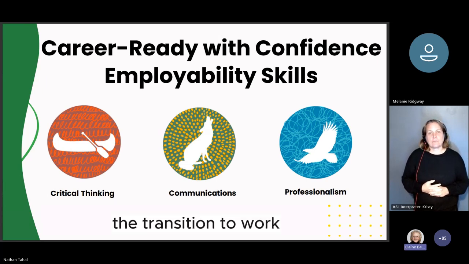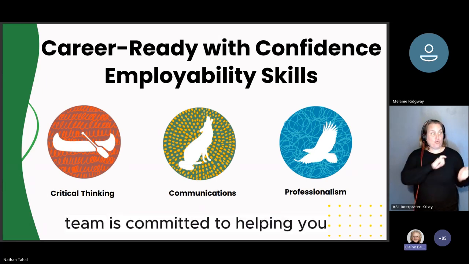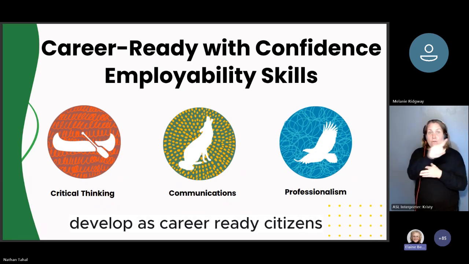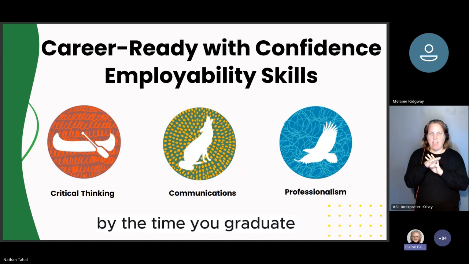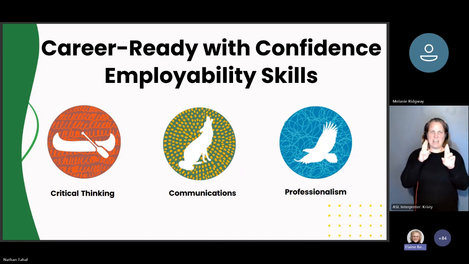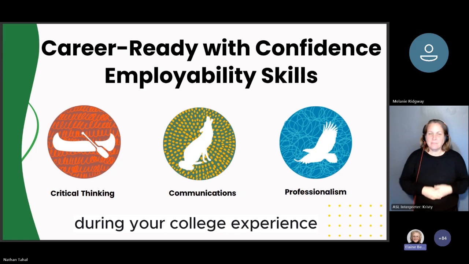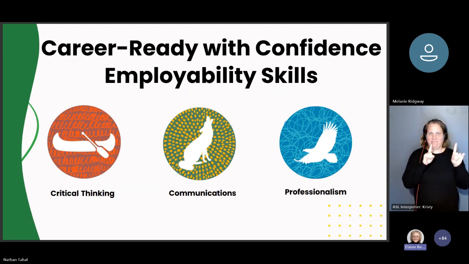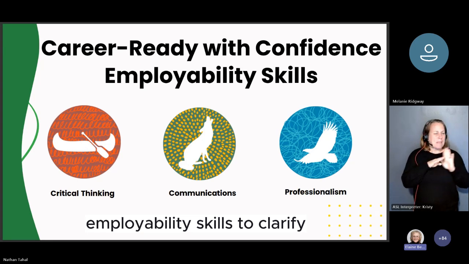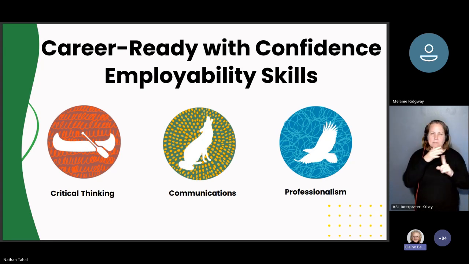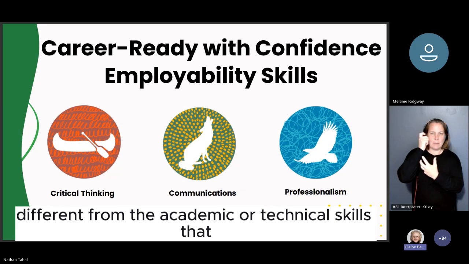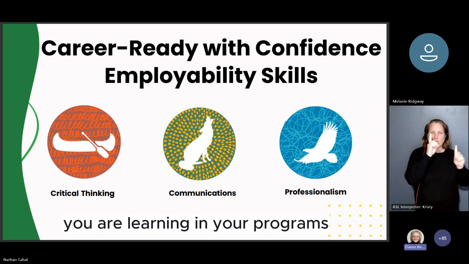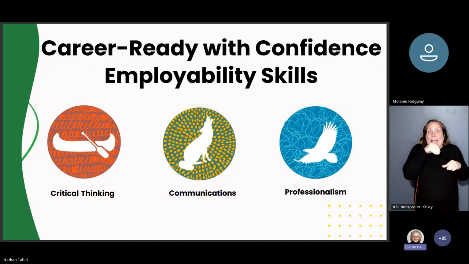The Transition to Work team is committed to helping you develop as career-ready citizens by the time you graduate. During your college experience, you will have many opportunities to develop employability skills. To clarify, these skills are different from the academic or technical skills that you are learning in your programs.